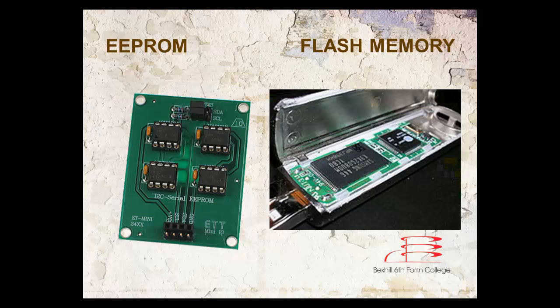The estimated average life expectancy is 1,500 connections, or 10,000 writes to the system. It's the writing that damages them. After 1,500 independent connections, or 10,000 writes, it's difficult for the chip to distinguish between a 0 and 1. The component is breaking down, it becomes unreliable.